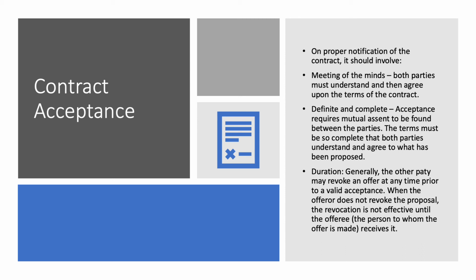Contract acceptance process. Want to make sure we have a meeting of the minds, that both parties agree. Right now, our school is working on contracts for upcoming spring and or summer AIT training. Tarrant County College has a standard contract that we use for our facility affiliations, and so we present those to a potential facility for training. Those are reviewed at the facility level and also at the corporate level.